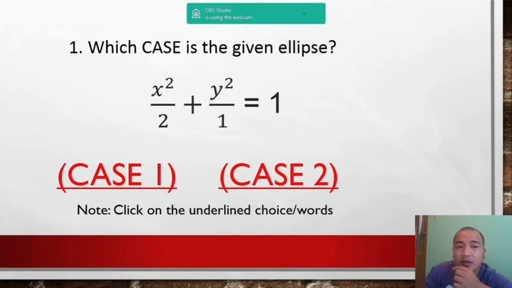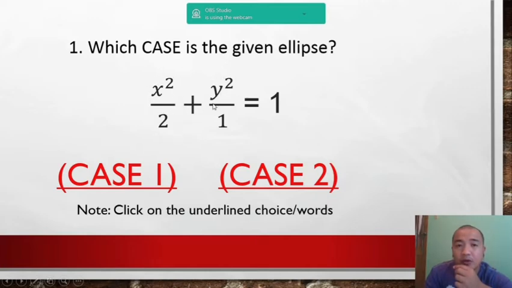So we have here number one problem. Which case is the given ellipse? x squared over 2 plus y squared over 1 equals 1. Okay, what's your answer? Click on the underlined choice or words. Is it case 1 or case 2? From the given, the denominator of the x variable is 2.